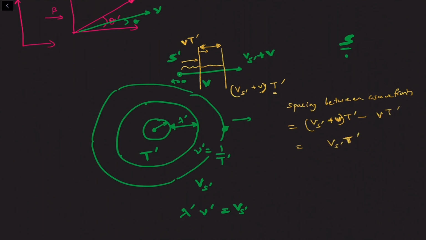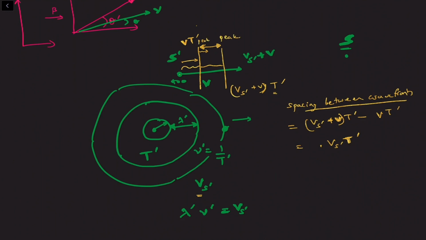Okay, where Vs prime is the speed of these waves which are propagating as seen by observer S prime. In other words, this spacing between the wavefronts as seen by observer S would correspond to, let's say, one peak of the wave function. This is another peak.